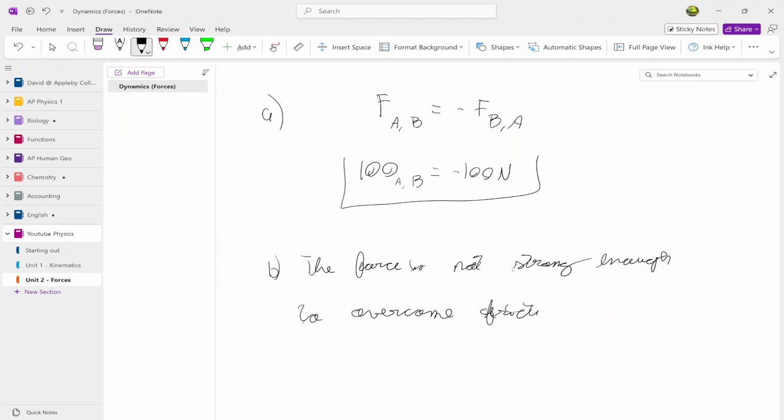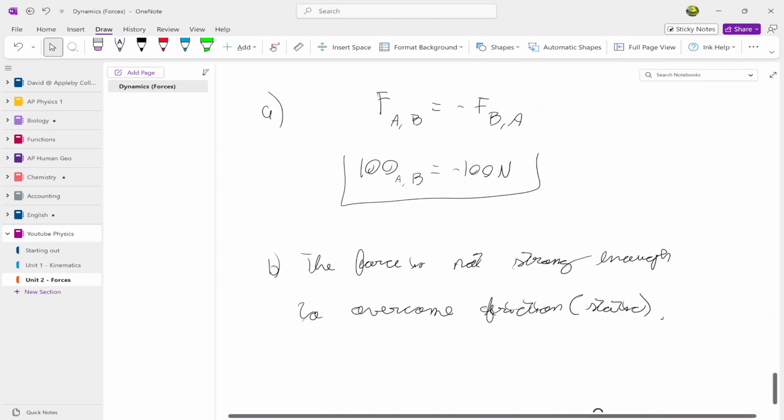In this case, it will be static friction. So that's just a simpler way of saying it.